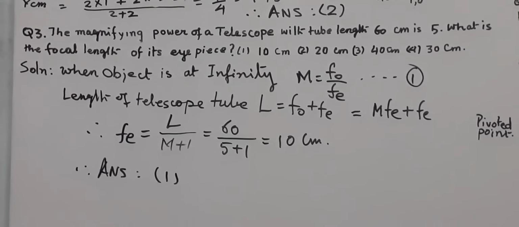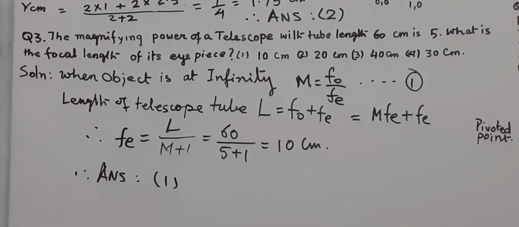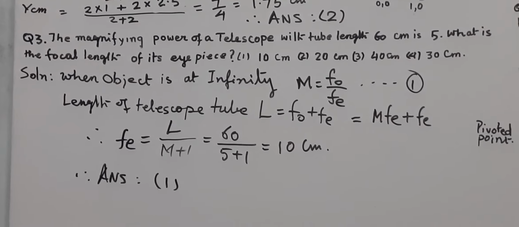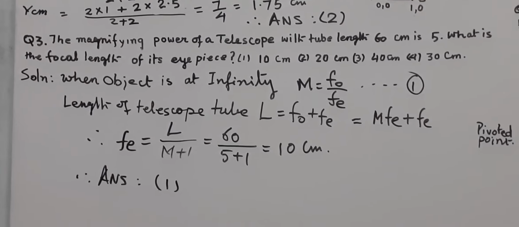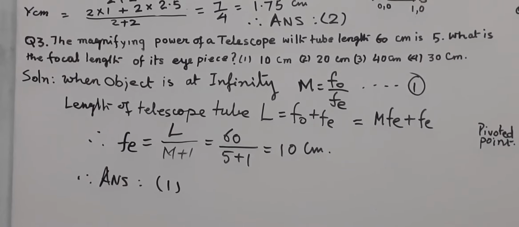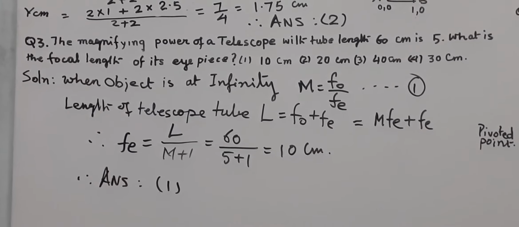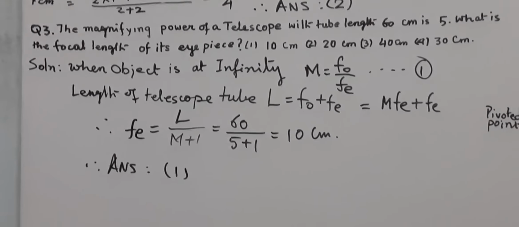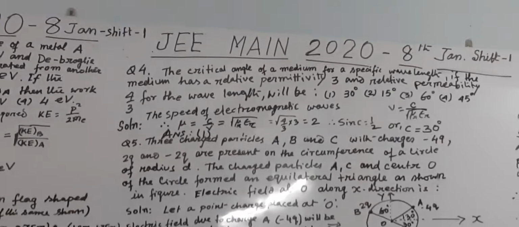So, substituting FO from the previous relation, we can get FE equal to L by M plus 1, which is equal to 10 centimeter. So, the correct answer is choice number 1. Then we can mark the choice.